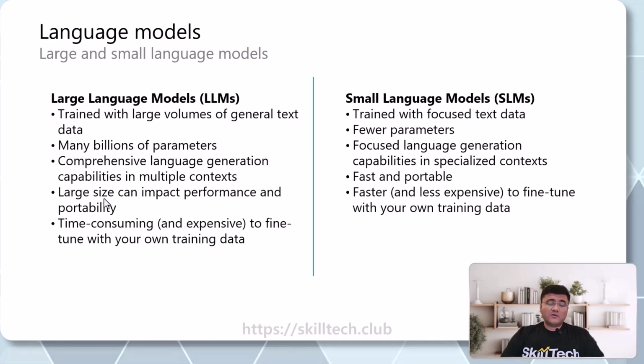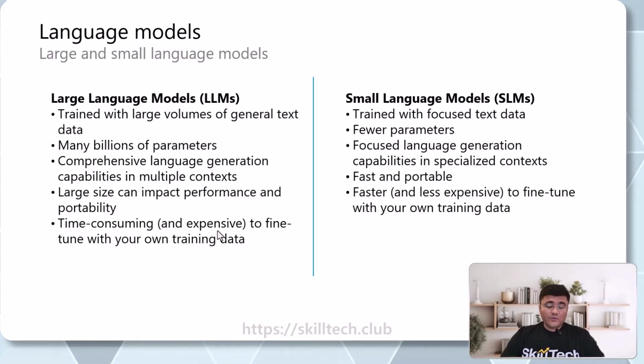Large language models, because of the large size, can impact performance and portability, as well as when you try to do fine-tuning with your own data. Large language models are going to be time consuming, and because of the time consumed, it's going to be expensive also when you want to do fine-tuning. Sometimes some of the large language models, when you fine-tune, take days.